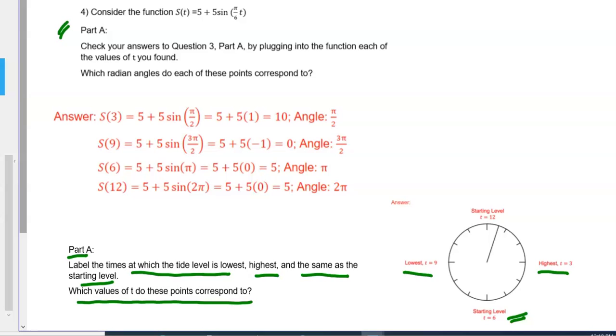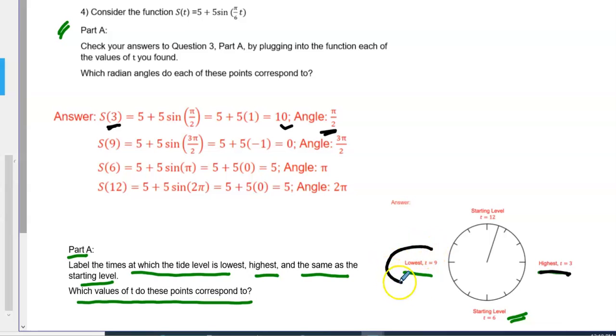and see if we are getting the same answers, and then also check for which angles these are occurring. And so for the highest, when we plug in t equals 3, we are getting 10 as we had on the graph, and this occurs at pi on 2.